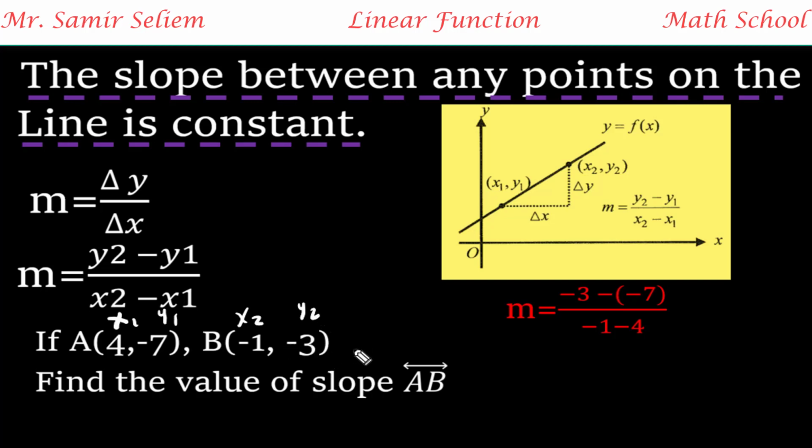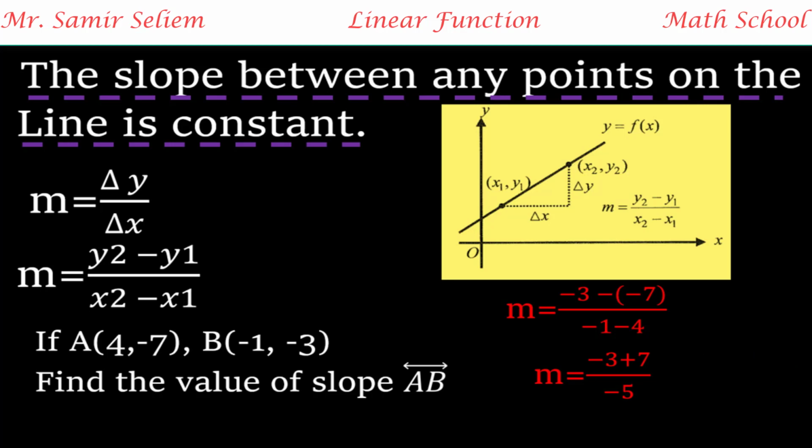So to find the slope, just negative 3 minus negative 7 over negative 1 minus 4. We can find it easily. So m equals negative 3 minus negative 7 over negative 1 minus 4.